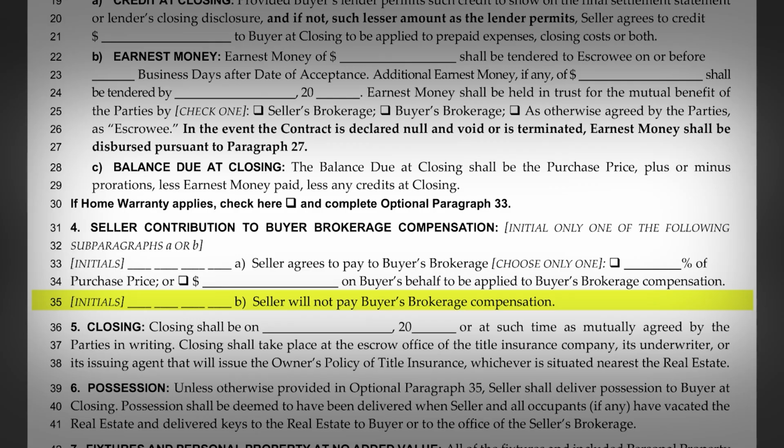So you'd be initialing 33 if you're asking for it from the seller, and you'd be initialing line 35 if your buyer is paying you as the buyer broker to your brokerage. Okay, so that's the distinction there.